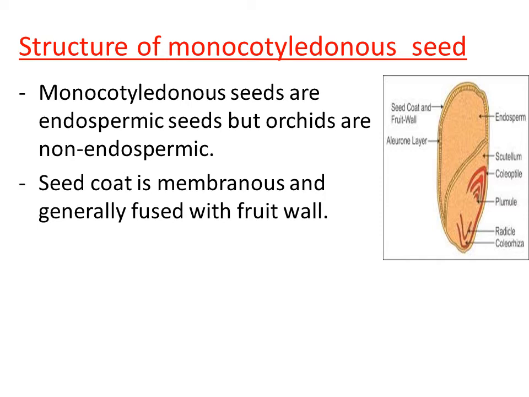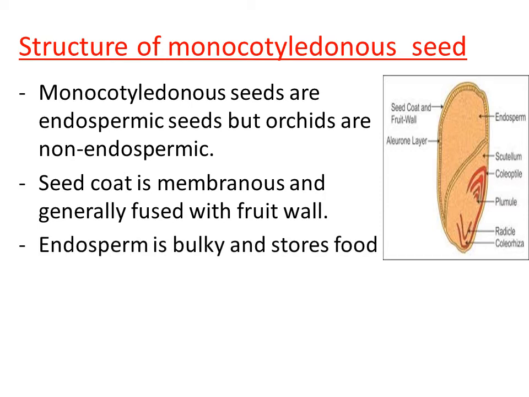There is no thick fruit wall in a monocotyledonous seed. The fruit wall is very thin in maize and closely attached to the seed coat, right? This is the characteristic feature of the outer membrane.